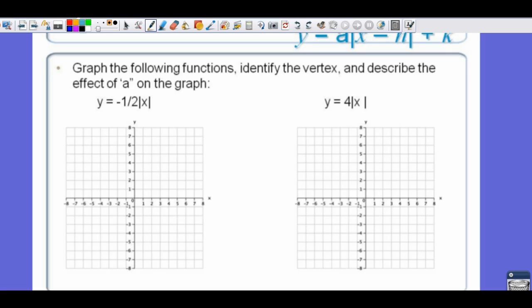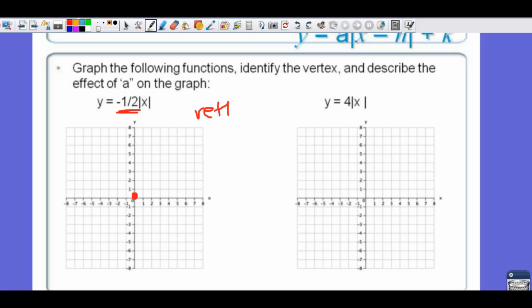For today, all vertexes of all absolute values are at (0, 0). It's going to change tomorrow, but for your homework tonight and in class today, all vertexes are going to be at (0, 0). A slope of negative 1/2 is going to reflect my graph down and compress it.